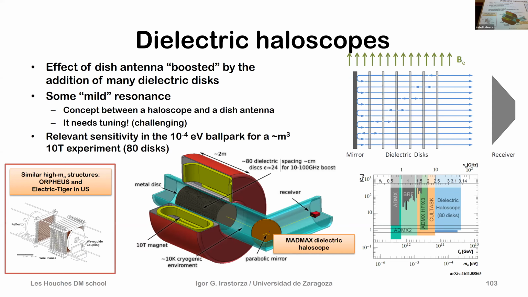And then you can compare with the single mirror idea. Then you add up every dielectric that you put. In principle, you add up power, so you get an enhancement. Not only simply because you add these mirrors, but because you get some mild resonances in between the mirrors, and you have some constructive interference between the different waves coming from the different mirrors.